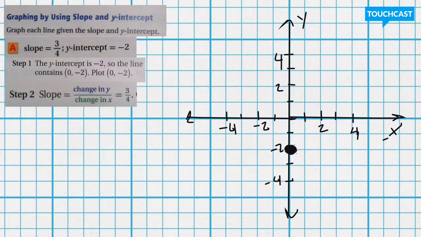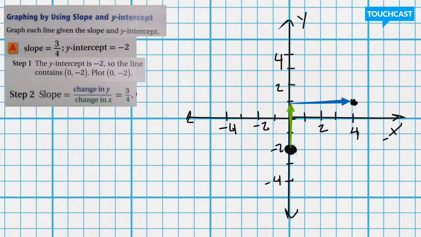Step 2 is to use our slope to graph 1 or 2 more points. So our slope was 3/4, which means we have a change in y, or a rise, of 3. So we're going to rise up 3, and then we're going to run over 4. And we're going to put a point right there.